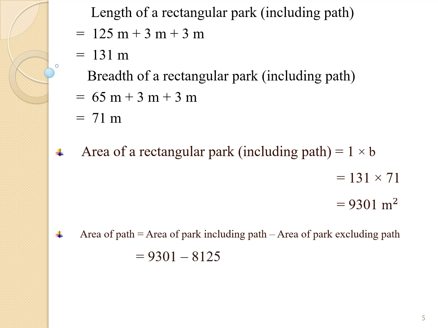Now, subtracting 8125 from 9301, we get 1176. Thus, area of the path is 1176 square meters.